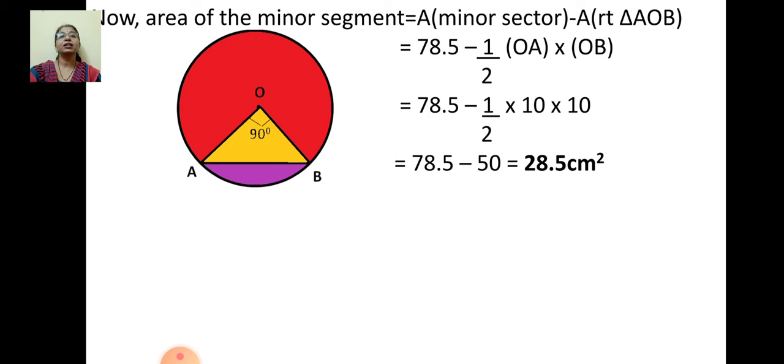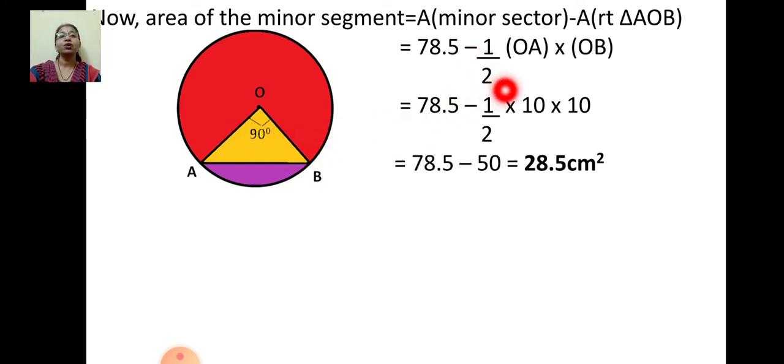Now area of that minor segment we want. So segment is nothing but area of minor sector minus the area of right triangle AOB. So area of minor sector, just now we have calculated, 78.5, minus area of right angle triangle, half base into height. Both are radii of same circle, so their values are 10.